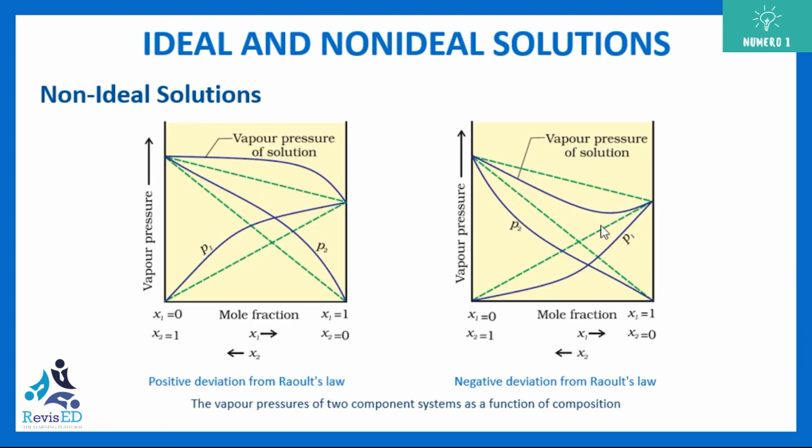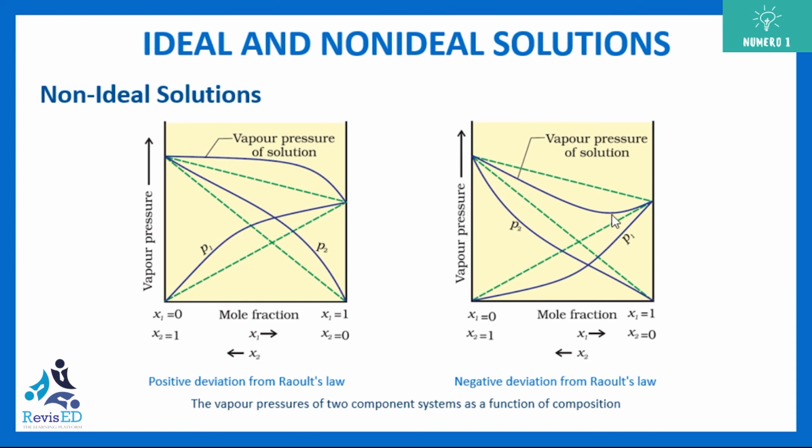In the same way, negative deviation is this one. So you see that the vapor pressure is quite low. Okay, if vapor pressure is low, that means you need a much higher temperature to achieve the atmospheric pressure. This I will explain in one of the topics, the definition of boiling point. So there you will understand. In the next session you will see the new definition of boiling point.